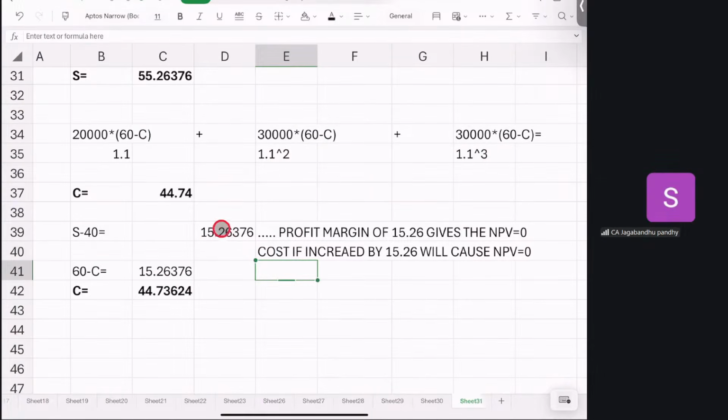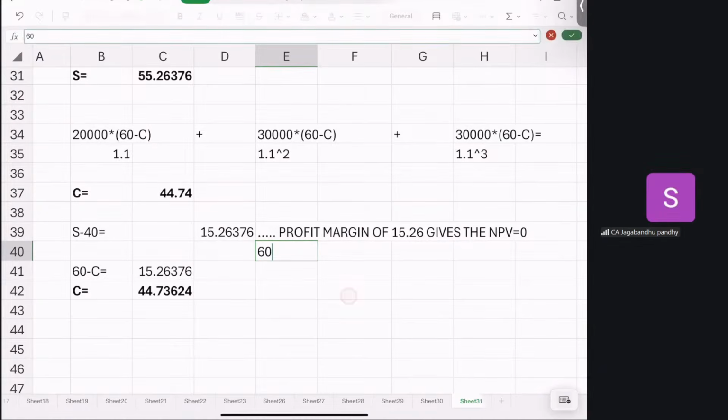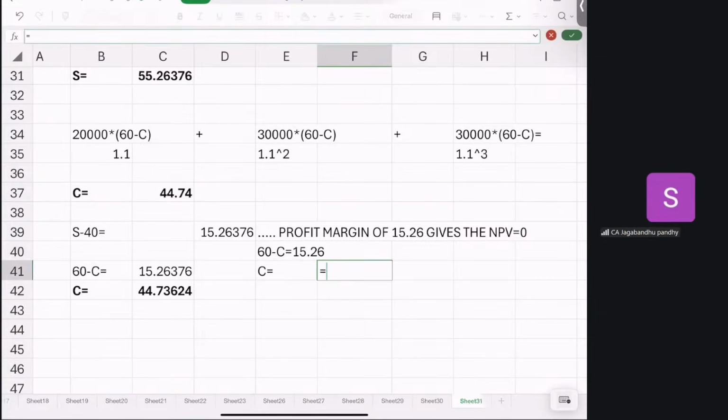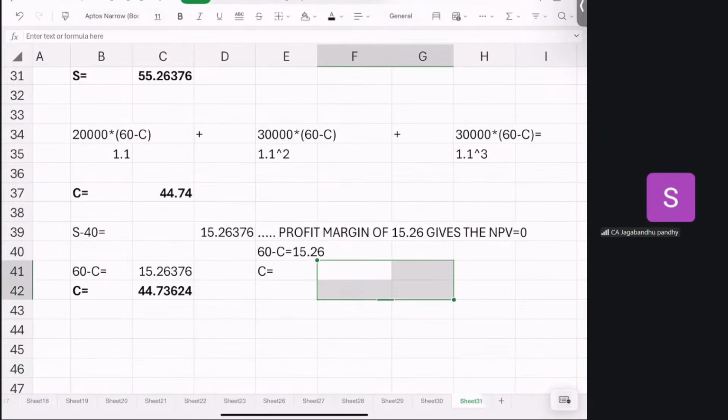So when your profit margin is 15.26, which gives you the NPV as 0, we can say 60 minus the C is going to give you 15.26. So we want to see what the cost is. That's going to be 60 minus the given numbers.